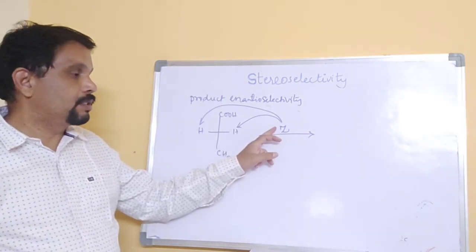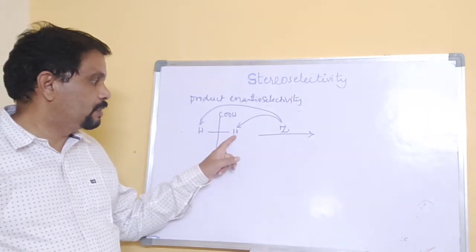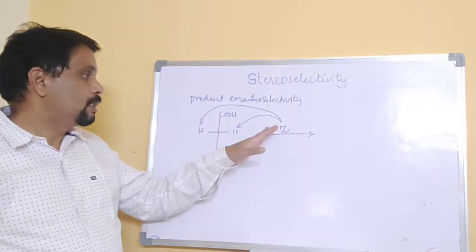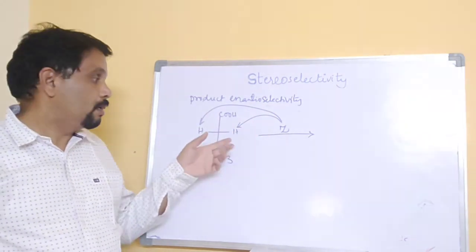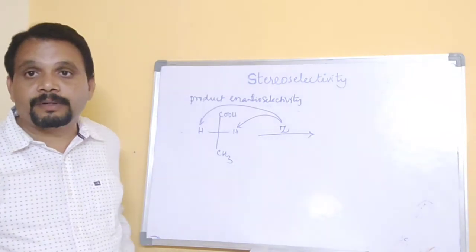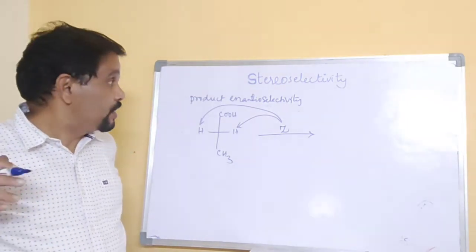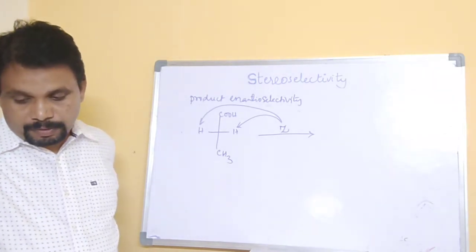This reagent has a possibility to react with this side hydrogen or that side hydrogen, but it preferably reacts with one hydrogen, so that the corresponding product enantiomer will be formed more.